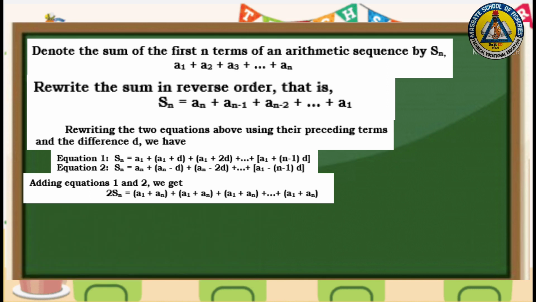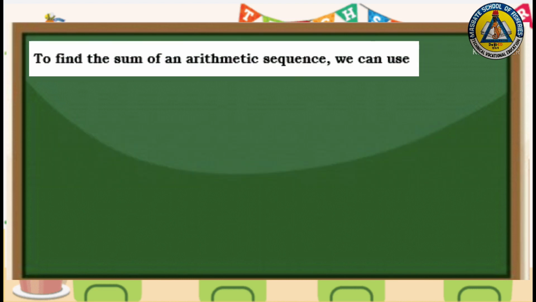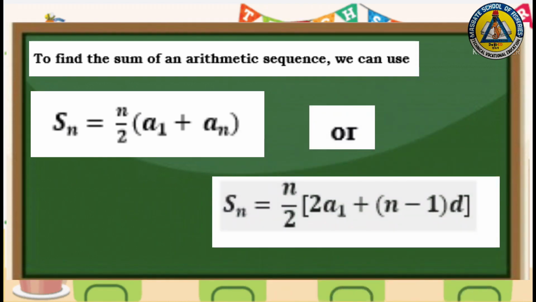Now, since a sub n equals a sub 1 plus n minus 1 times d, then by substitution, we have S sub n equals n over 2 times 2 a sub 1 plus n minus 1 times d. To find the sum of the arithmetic sequence, we can use S sub n equals n over 2 times a sub 1 plus a sub n, or S sub n equals n over 2 times 2 a sub 1 plus n minus 1 times d.